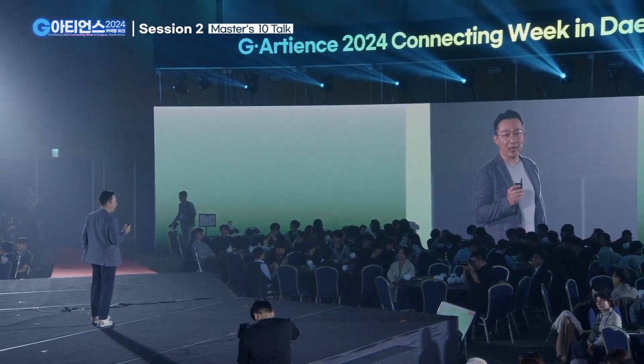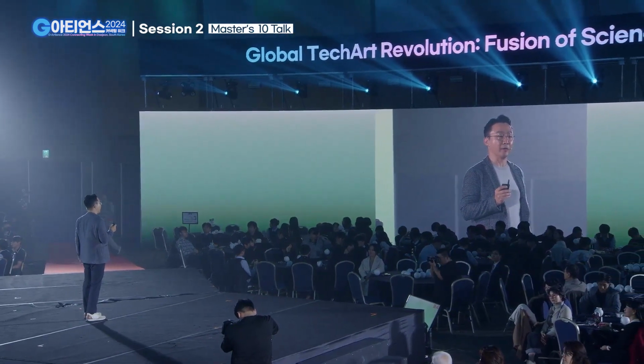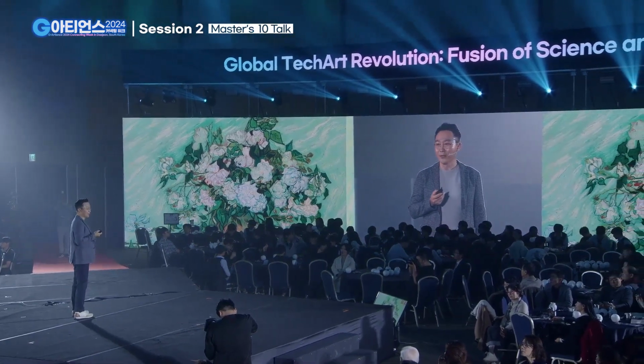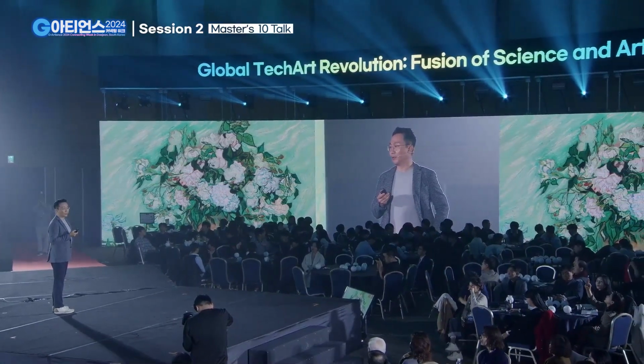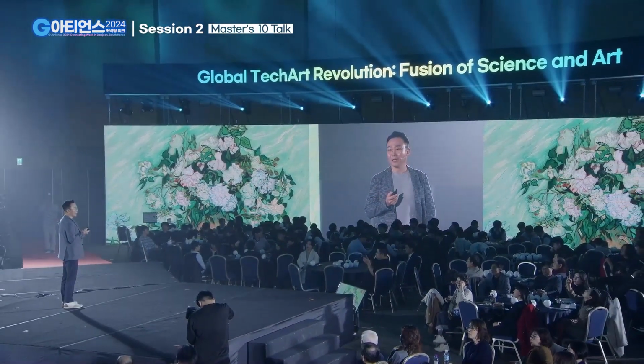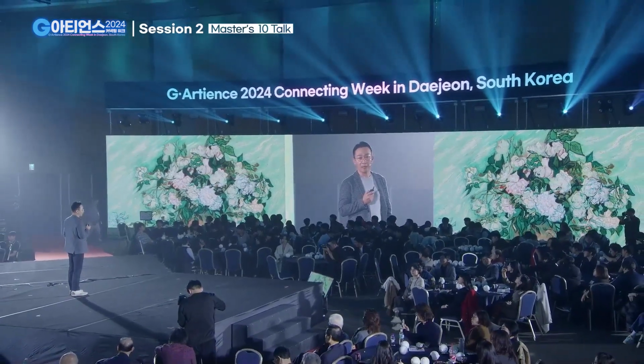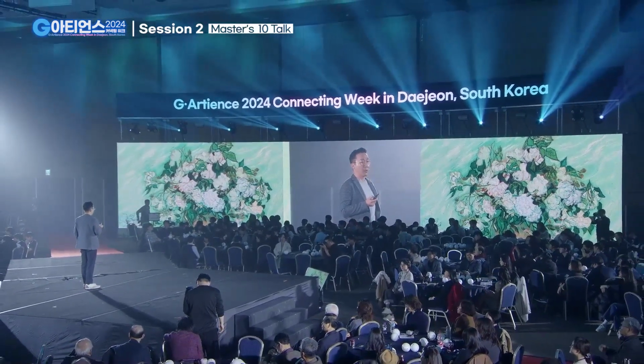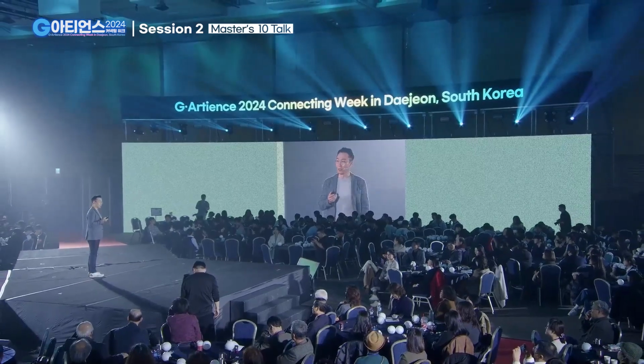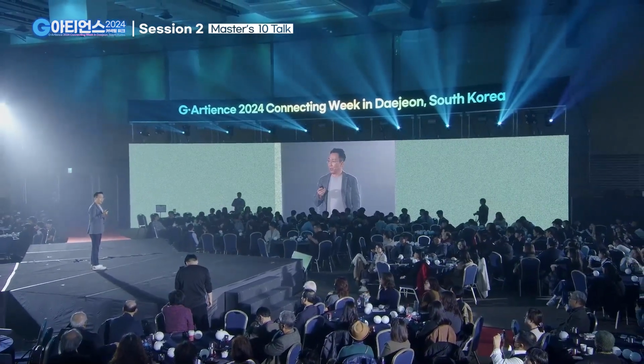So the 2 million pixels are from this familiar painting. And this is Gogh, the painting titled Roses. With this painting, we get pixels like this.